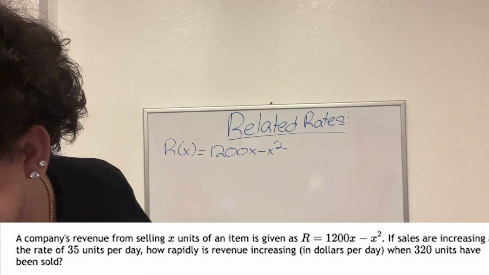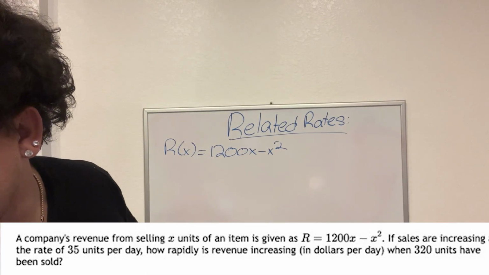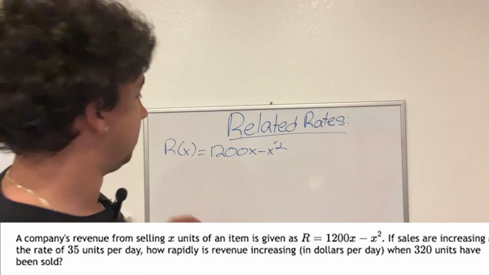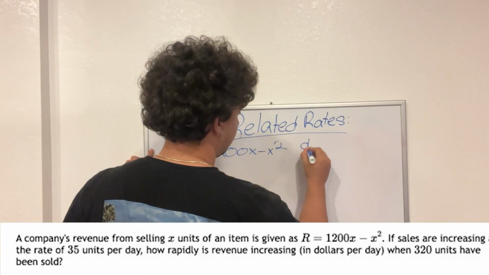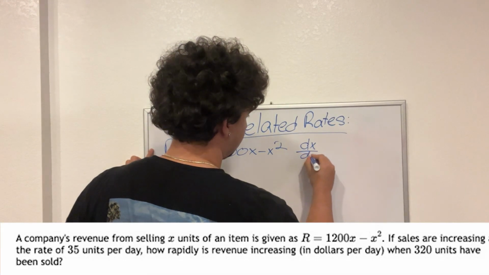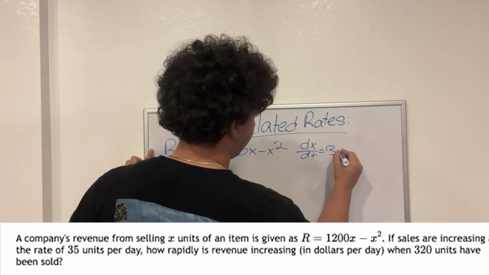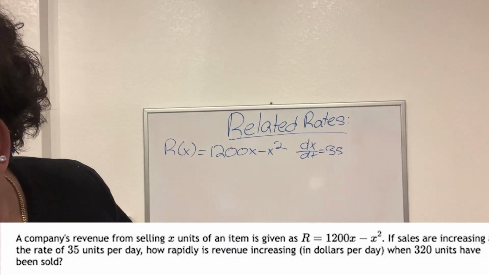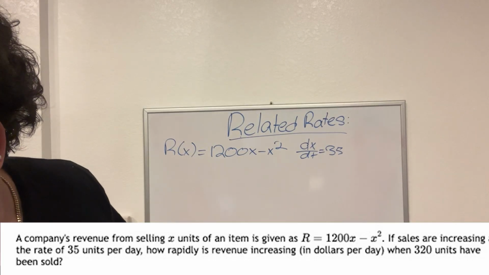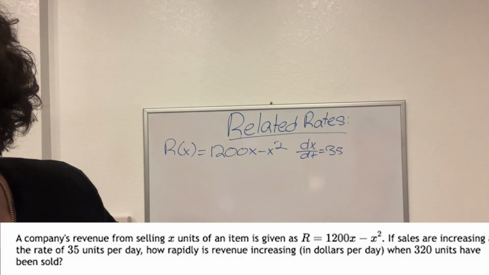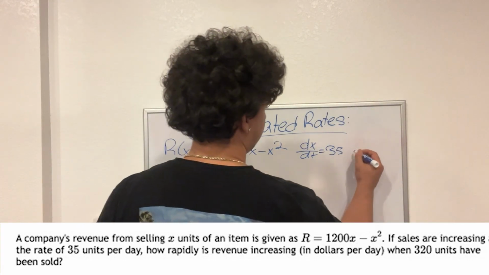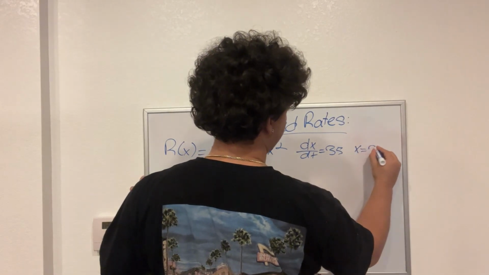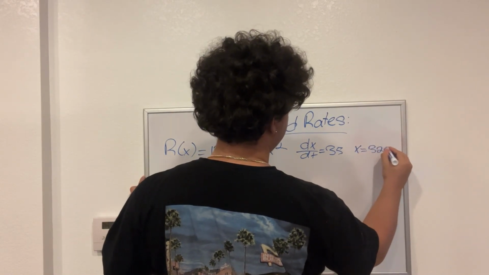If sales are increasing at a rate of 35 units per day, which I'm going to write over here, in this case dx/dt is equal to 35. How rapidly is revenue increasing in dollars per day when 320 units have been sold? x equals 320.